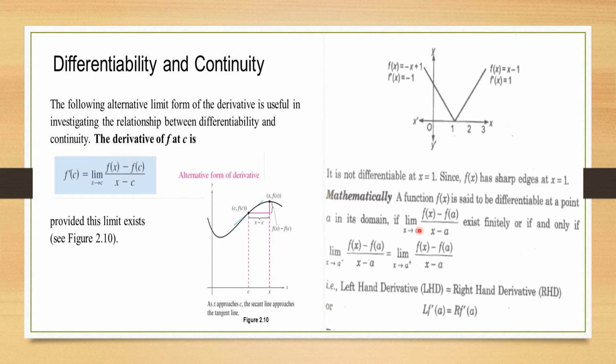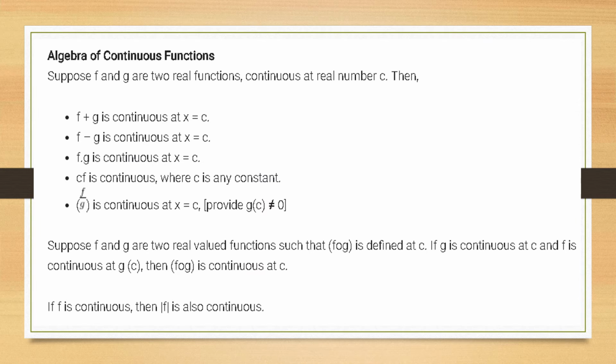And this happens if and only if the left hand derivative, limit x approaches A from the negative side, f of x minus f of a upon x minus a, is equal to the limit x approaches A from the positive side, f of x minus f of a upon x minus a. That is, LHD is equal to RHD. LHD at that point is equal to the right hand derivative. Then we say the function is differentiable. Okay. So it is just like how to check the LHL and RHL in the same way, but you just have to keep in mind this principle.